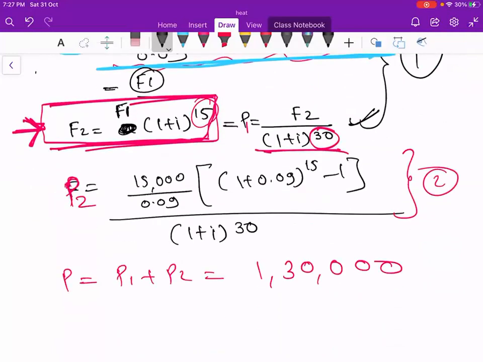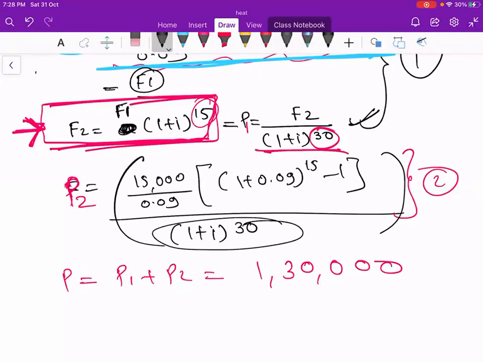For P2, it is simple. You started the deposit in the bank after 15 years. But how many years do you have to come back? 30 years. We are calculating 50K for 15 years.